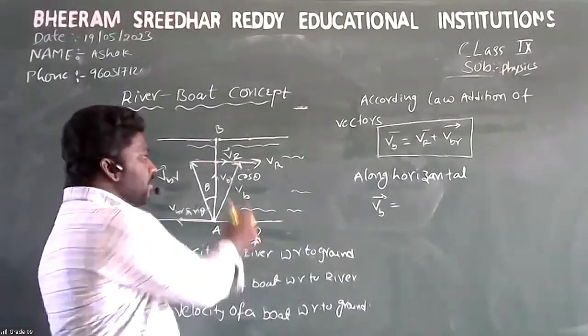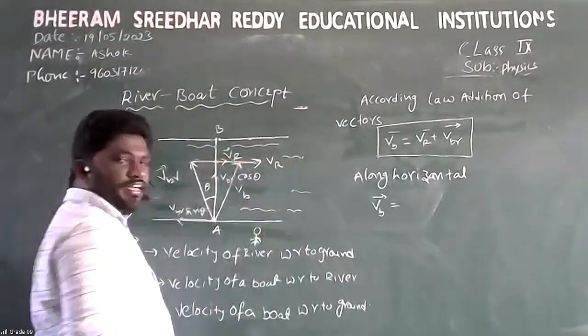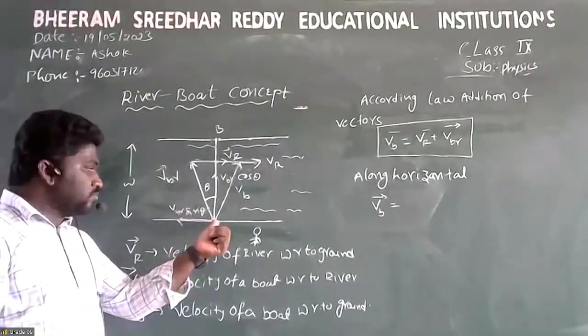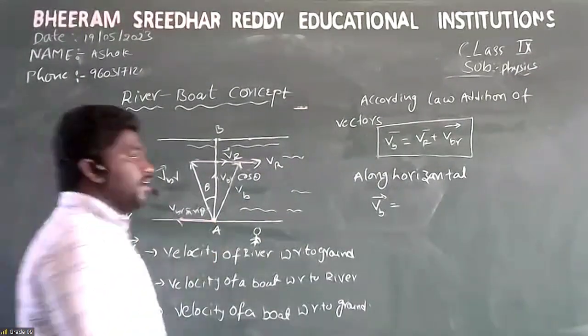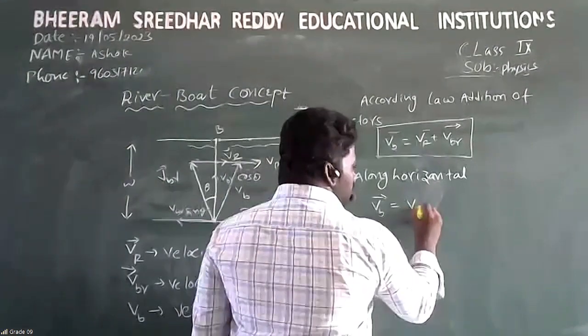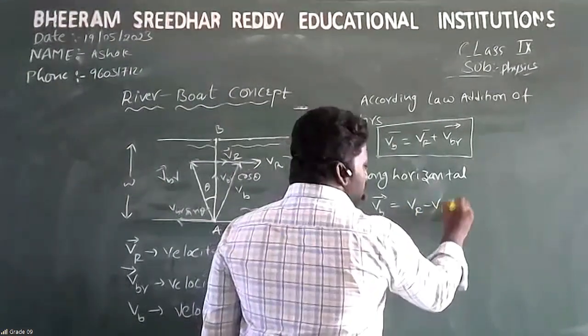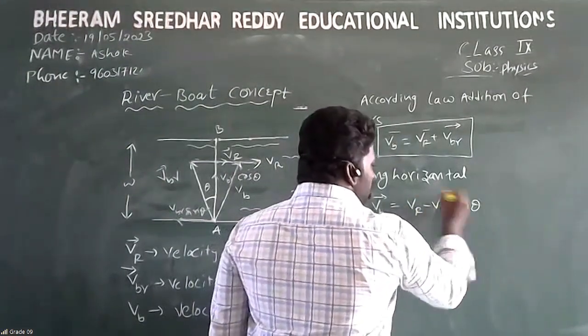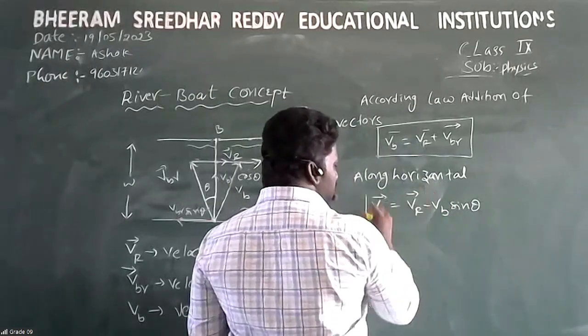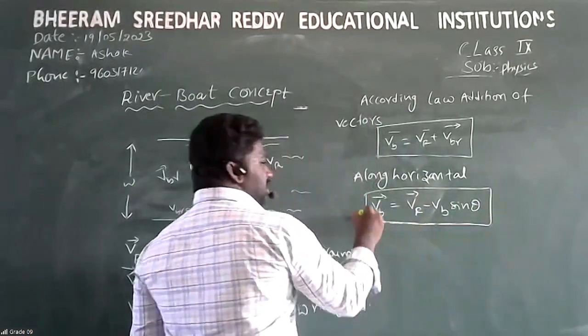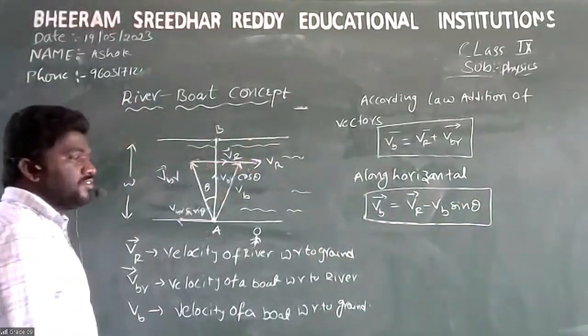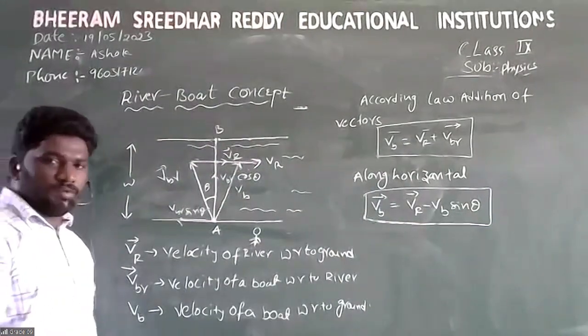Here VR is moving along the right side direction and VBR sin theta is moving along the left side direction. Then you can write VR minus VBR sin theta. Along the horizontal direction, the velocity of the boat is VR minus VBR sin theta.